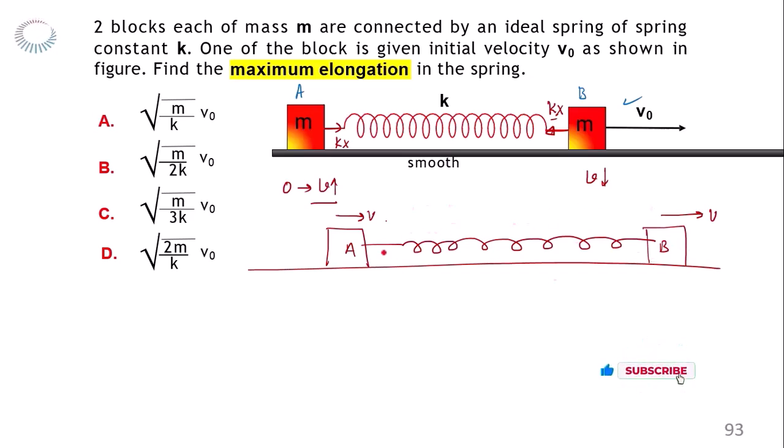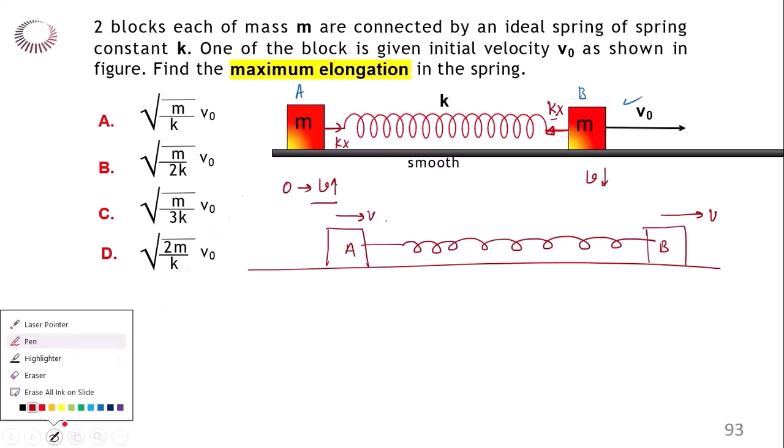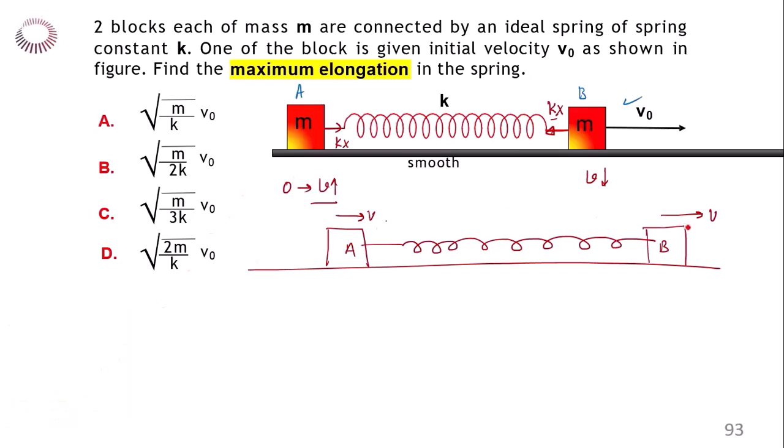After that, what happens? There is a further increase in the velocity of A, and the decreasing velocity of B takes place, and then the compression will start, until there is a maximum compression. So this is the situation where the maximum elongation takes place. So for maximum elongation, the speed of both the blocks should be the same.